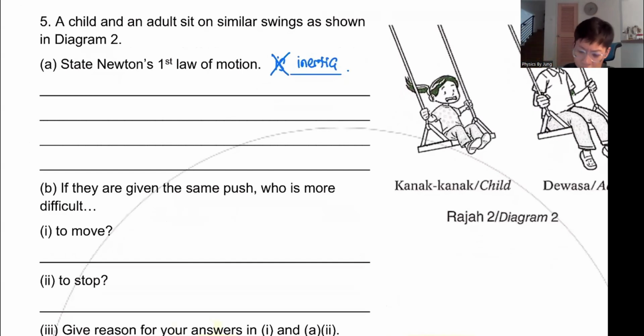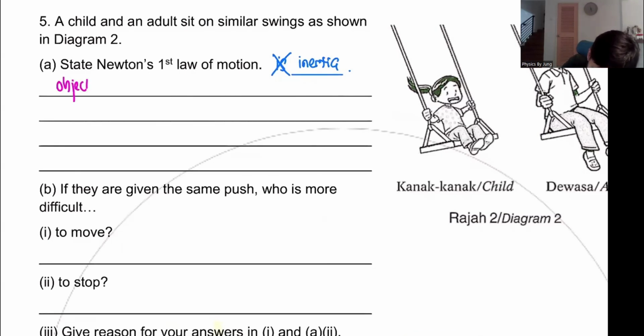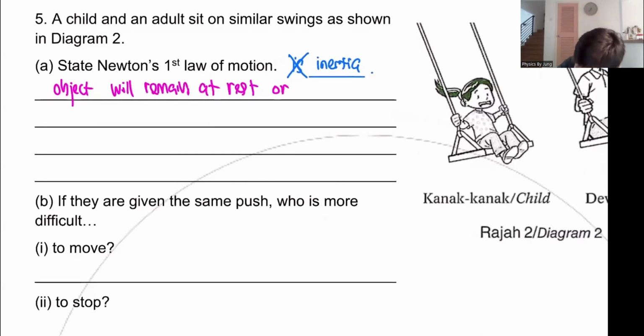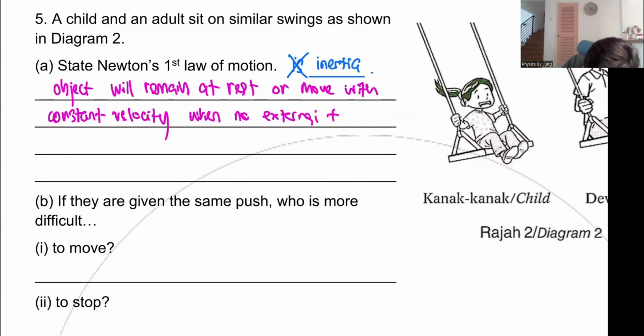Okay. Who can tell me what's Newton's first law of motion without referring to the book? Obviously. Okay, so we will say that your object will remain at rest or move with constant velocity when no external force.